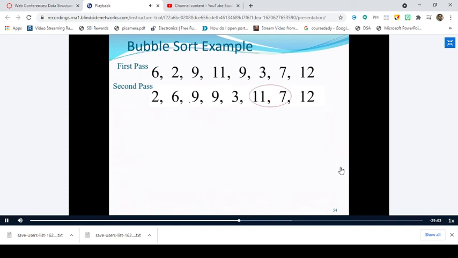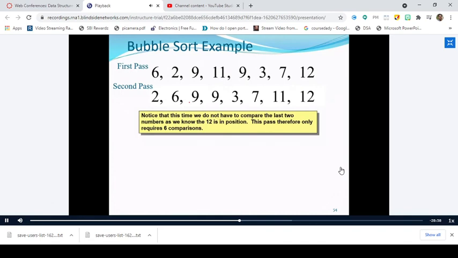And now tell me whether you have to compare the 11 and 12 or not. No, sir. Why? Because in the first pass, we have made the largest element to be placed at the last position. So 12 is correctly positioned in the last place, right?